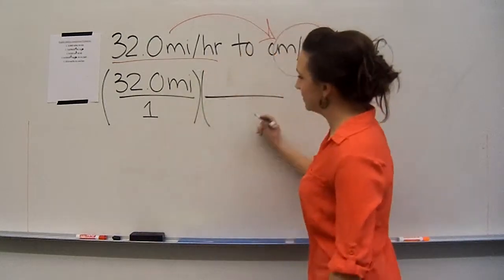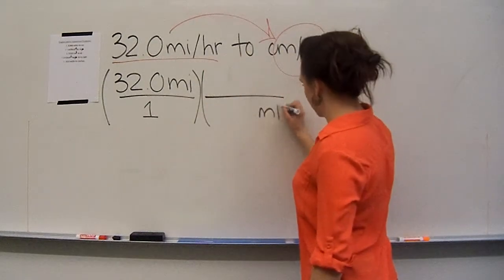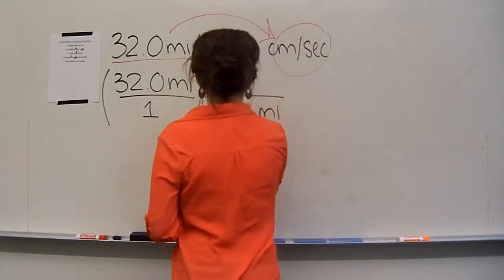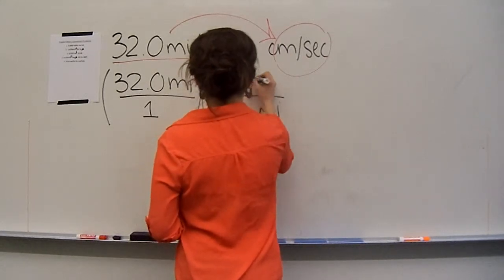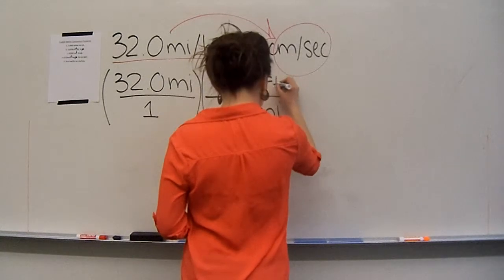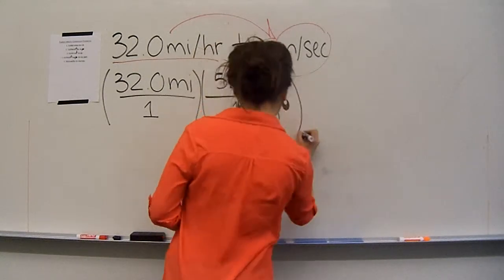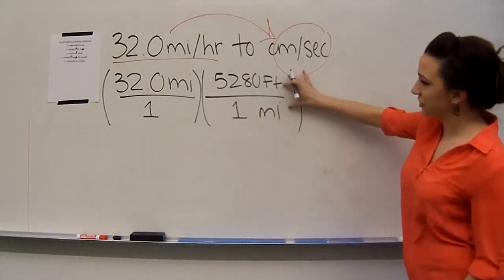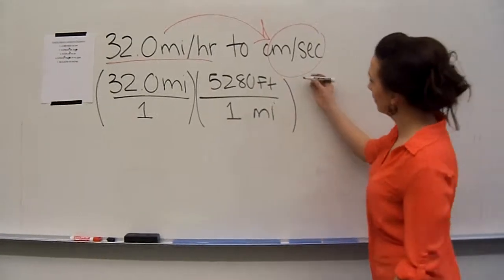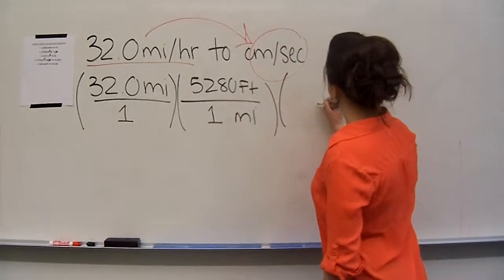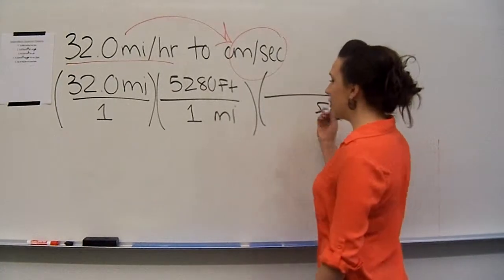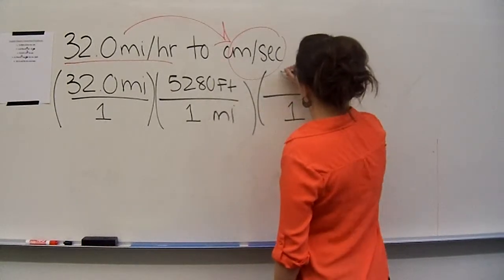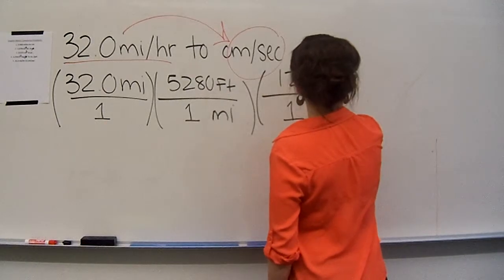We need to match that diagonally. So we know that 1 mile is equal to 5,280 feet. Matching those equivalents vertically, we write feet, and we know that 1 foot is equivalent to 12 inches.